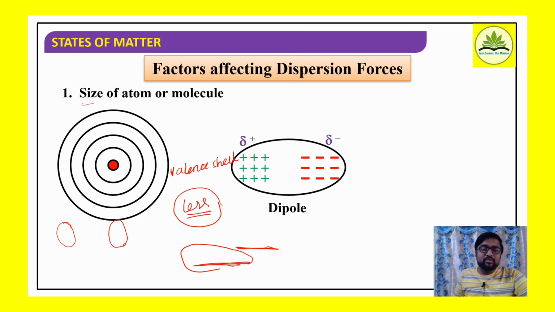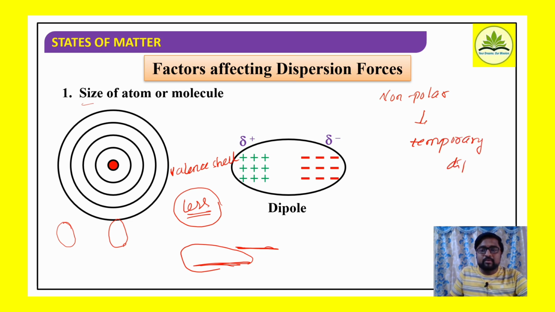Therefore, those electrons can be easily polarized. Such atoms or molecules can be easily polarized.